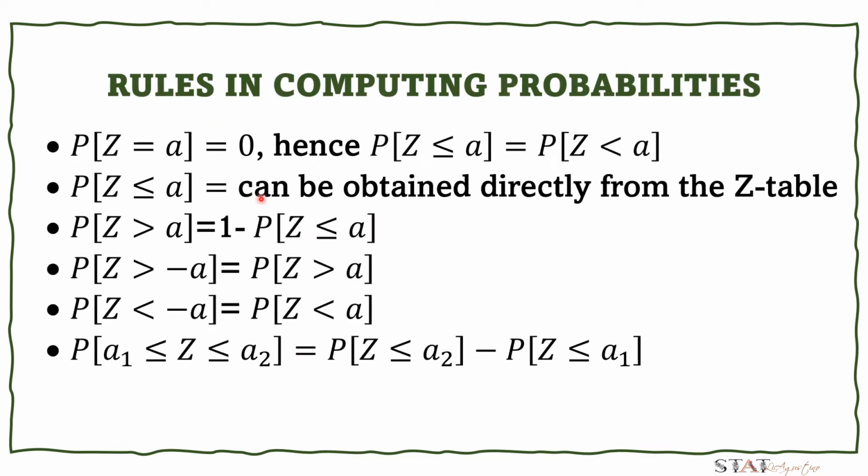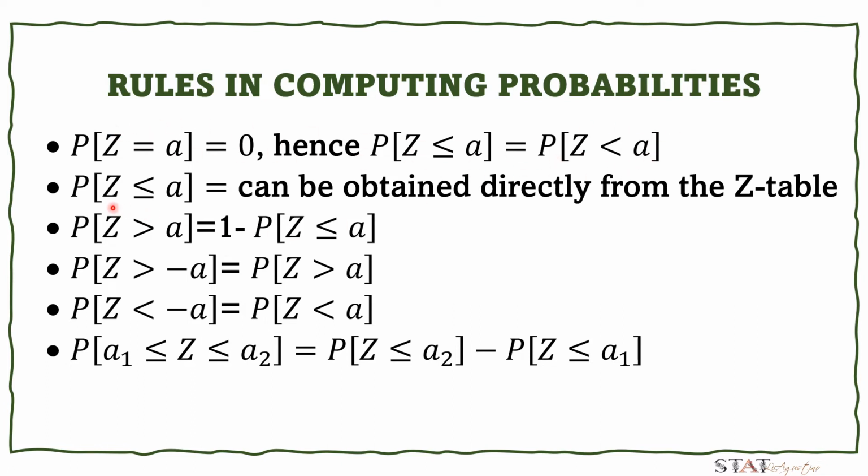And also remember the rules in computing probability. What we have learned in our principles of counting and principles of probability is also applicable here in our normal distribution. If the probability of z equal to a is equal to 0, hence the probability of z less than or equal to a is also equal to the probability of z less than a, since this is a continuous distribution.